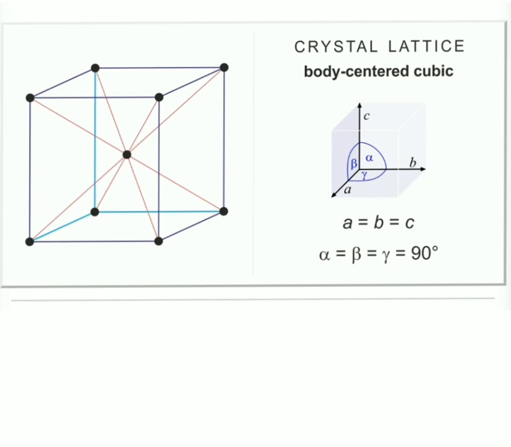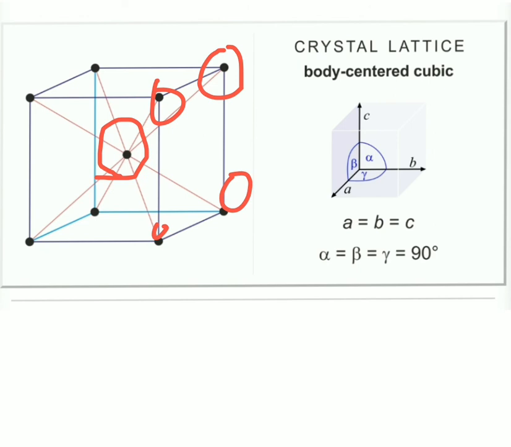In body centered cubic cells, atoms are present at the corners, along with one atom or one constituent particle present in the center of the unit cell also. As the name suggests, body centered, it means a constituent particle is present in the center of the body.